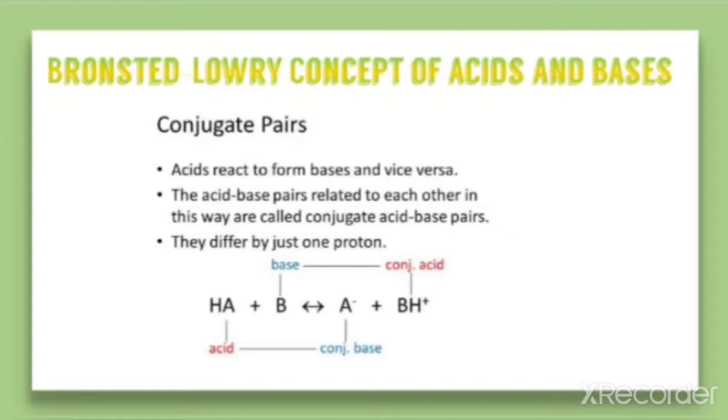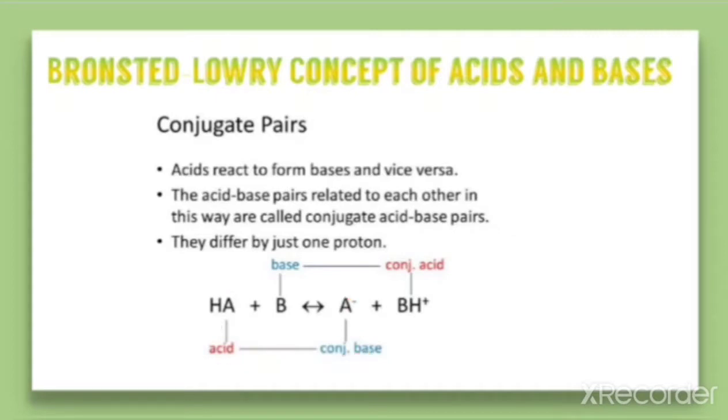They differ by just one proton. Here HA is an acid, and on donating the proton it turns to A negative. The difference is only one proton. Therefore, this pair is called a conjugate acid base pair.